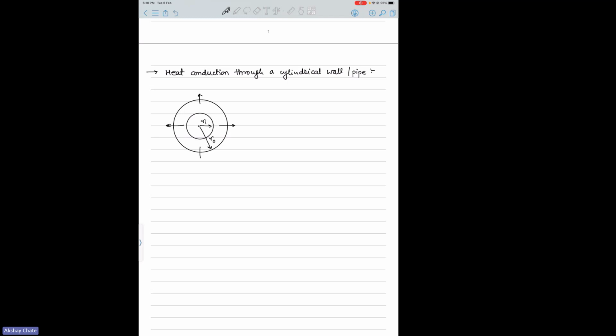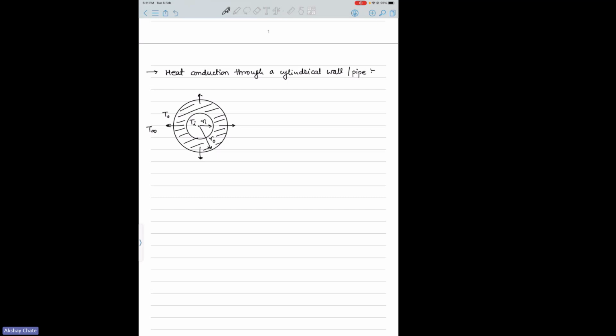Let's say outward in this case, it can be inward also, but it will be radial. That's the point. Inside there will be temperature Ti, and outside there will be To. So this is the surface temperature, and you can have T infinity, the ambient temperature far away from the pipe. So this is your pipe. It can be hollow, it can be a cylinder also, doesn't matter.